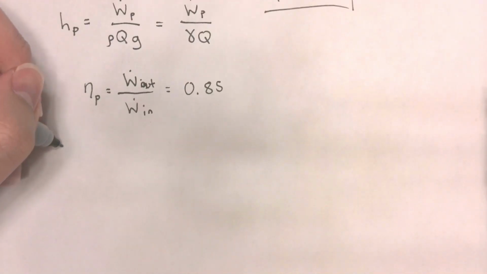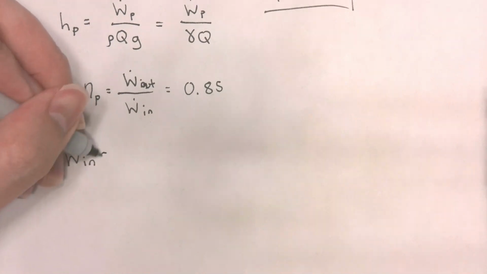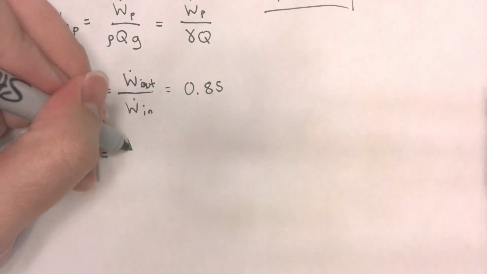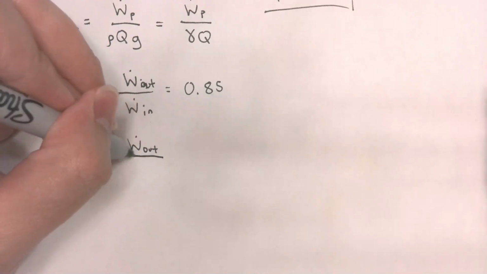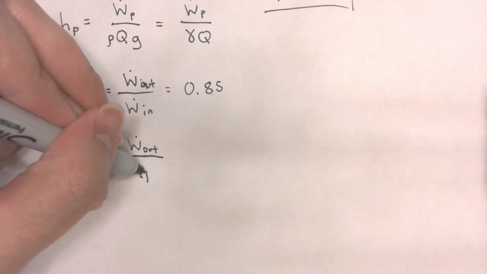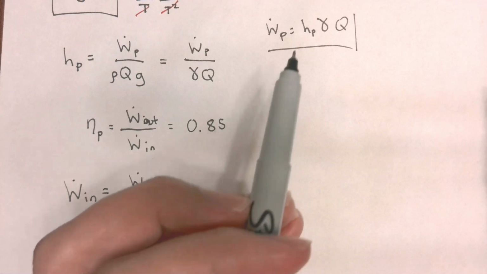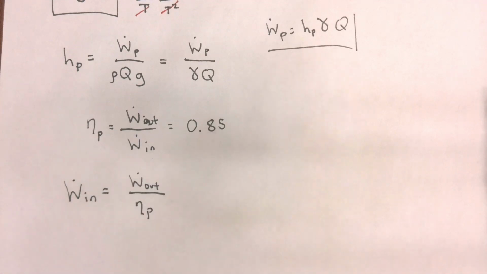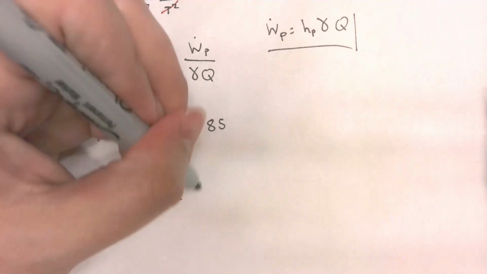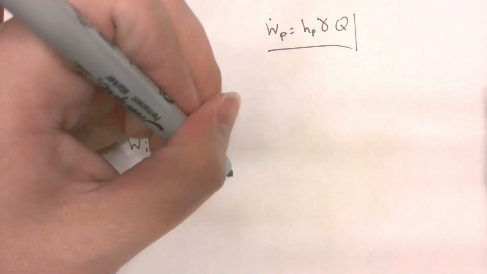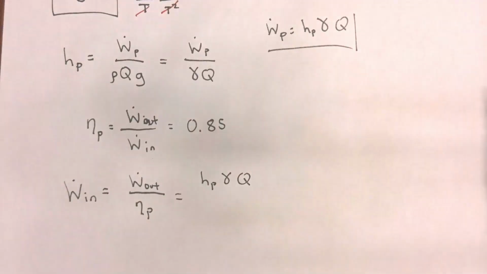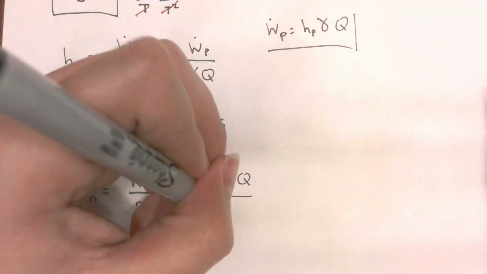So my power requirement for the pump for this problem, power in, should be equal to the power that the pump produces, which is just the pump power, divided by the efficiency. We know that the pump power is equal to pump head times specific weight times flow rate. So I get pump head times specific weight times flow rate, and then all that divided by efficiency.